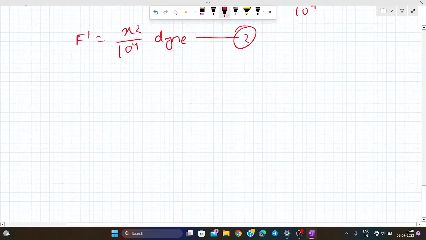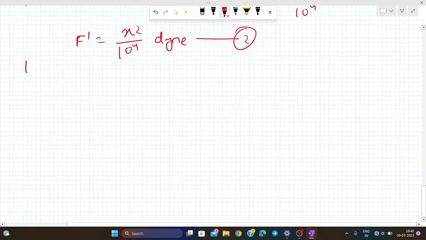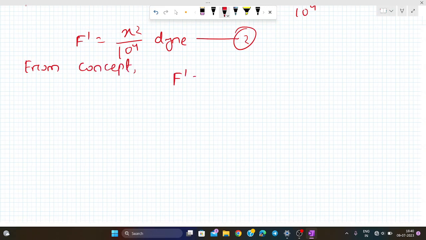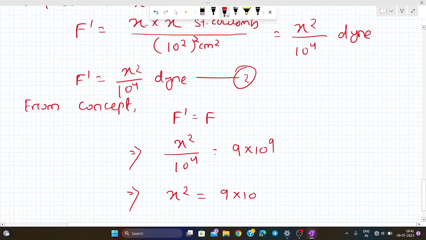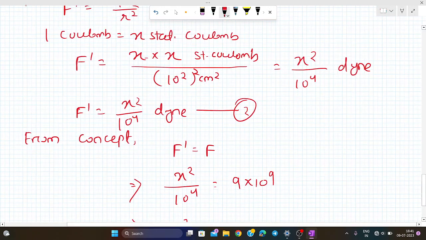From our assumption, F dash is equal to F, that implies x square divided by 10 to the power 4 is equal to 9 into 10 to the power 9.